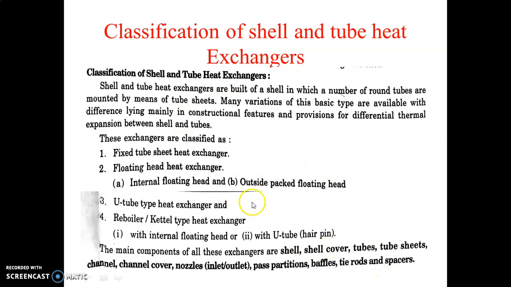Unless you understand these parts, you cannot understand the full heat exchanger. So first read these parts of the heat exchanger, the functions of each part, and then you can easily understand the different types of shell and tube heat exchangers.